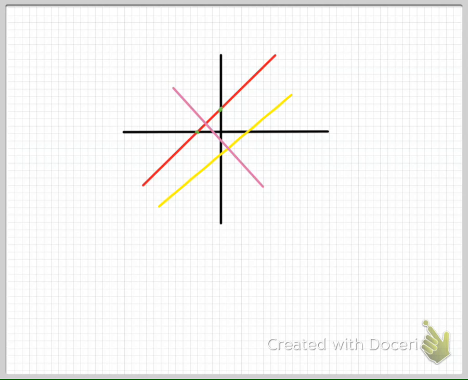Now, let's name these. So you guys did some graphing, so we should be able to name coordinates, right? So what would be the name of this coordinate right here? If you were going to graph it, what would be its name? How would you find it? Right, x and y, so what would be its name?